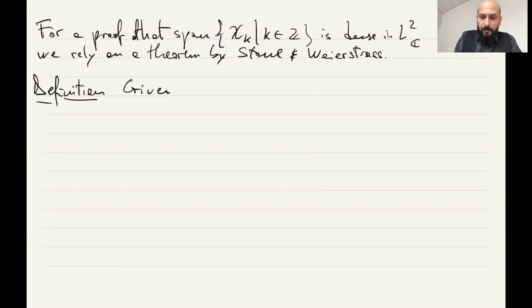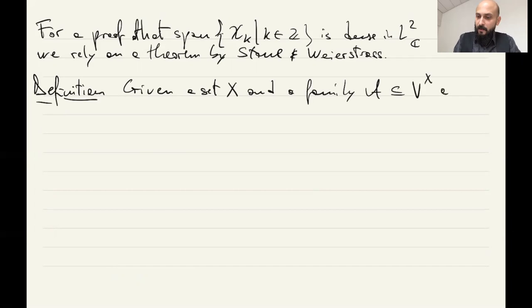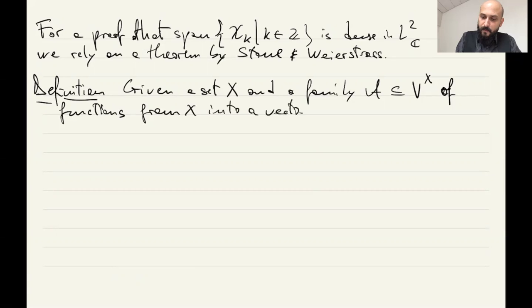So given a set, let's call it X, and a family A of functions from X into a vector space V. So think of V to be the complex numbers.